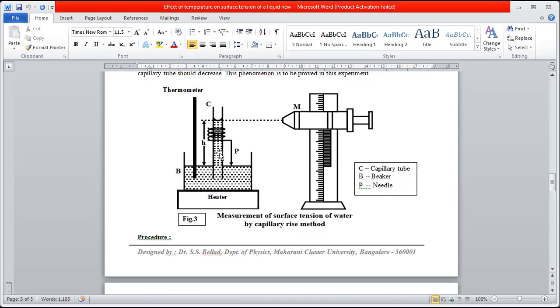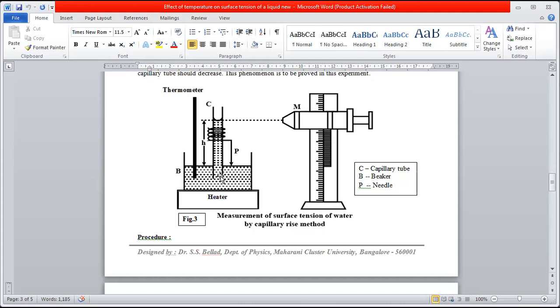And inside this beaker, we have kept a capillary tube. Once the capillary tube is immersed into this liquid, the liquid rises to this level. And this is the needle, which is hung in such a way that its sharp edge just touches the surface of the liquid.